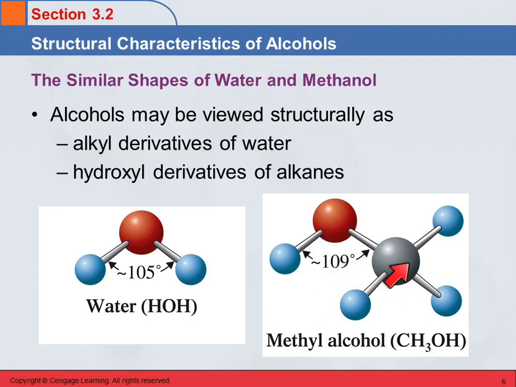And so this basically is subbing in for the hydrogen on the water. So we can think of alcohols as being alkyl derivatives of water, or we can think of them as being hydroxyl derivatives of alkanes. So it's depending on which part you look at as the main part. But alcohols have some similarities with water.